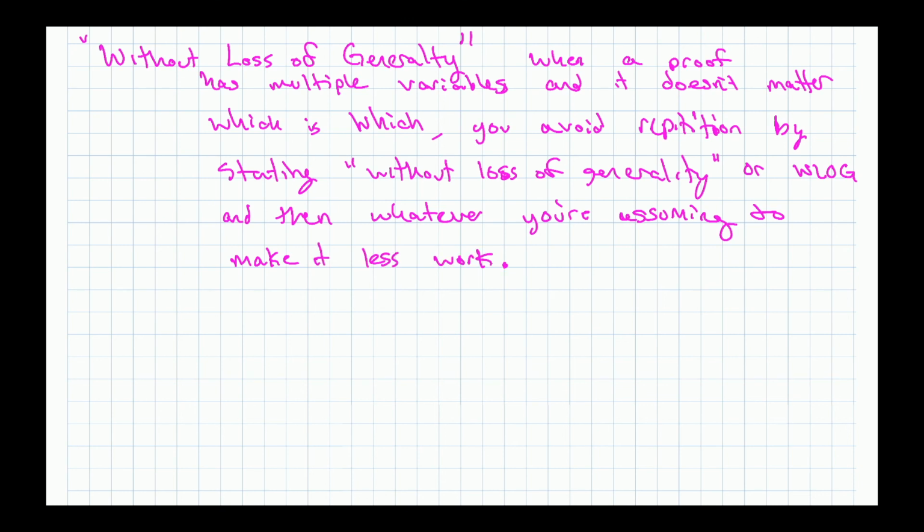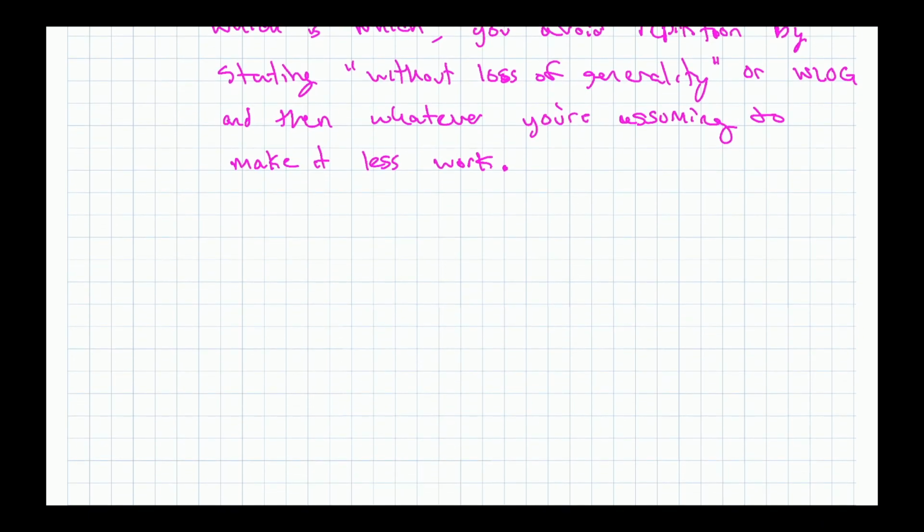Okay. Now, when can you use without loss of generality? I don't want a specific example here because I want to talk about the idea first.